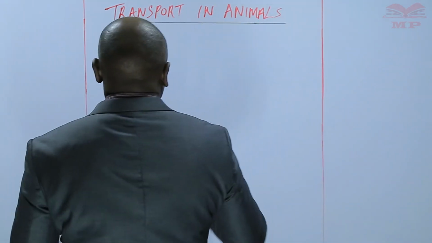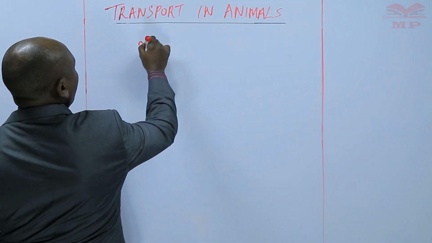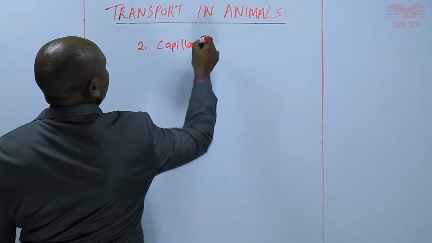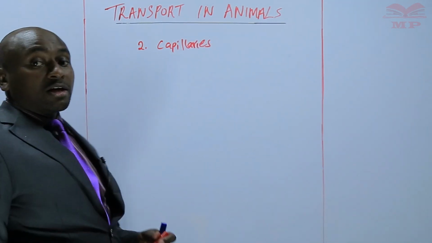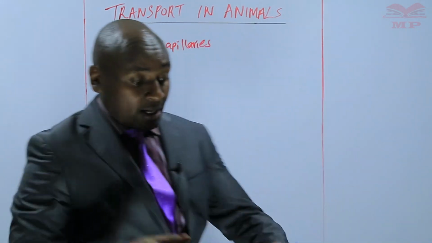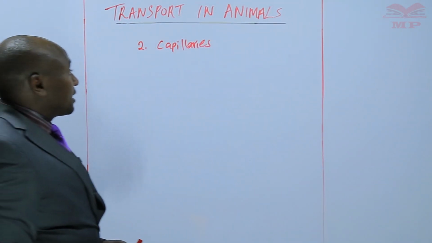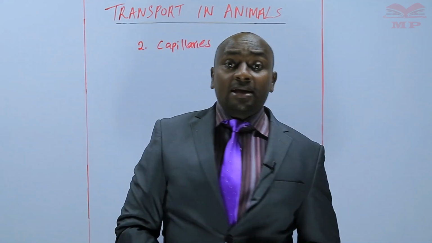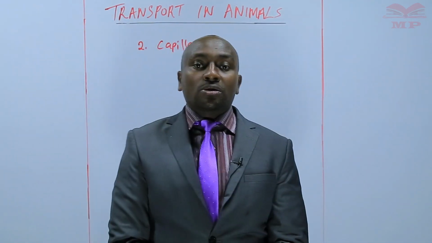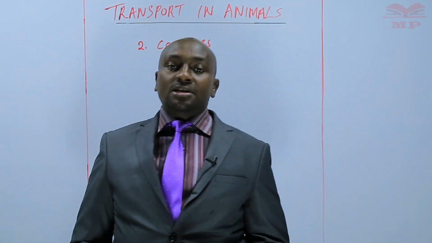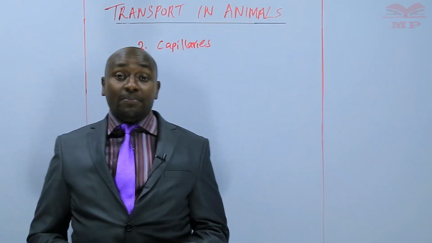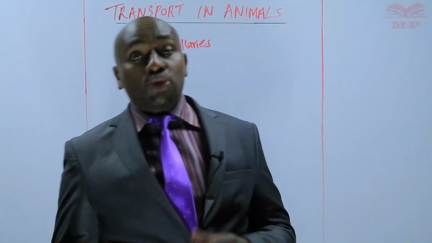So this will be number 2 because in our last lesson we discussed the structure and function of the arteries. And one thing about the capillaries is that they are the sites for exchange of nutrients, oxygen, and metabolic wastes between the blood and the tissues.